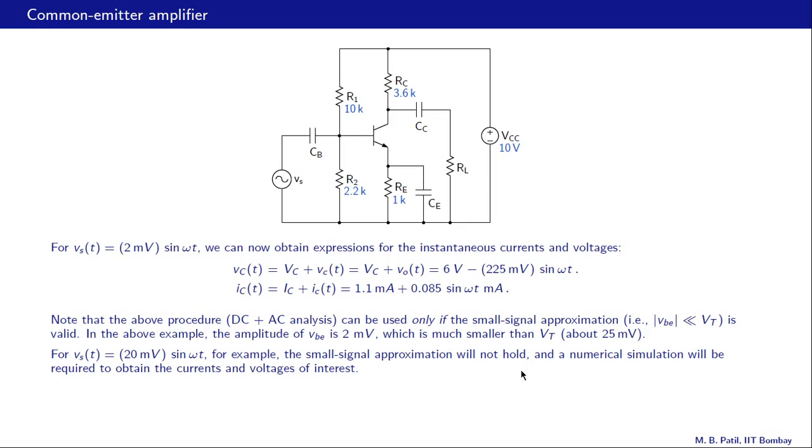In that case, a numerical simulation will be required to obtain the currents and voltages of interest. In this kind of simulation, the transistor model is considered, for example the Ebers-Moll model or a more advanced model like the Gummel-Poon model, and the circuit equations for the entire circuit are then solved simultaneously to obtain the solution.